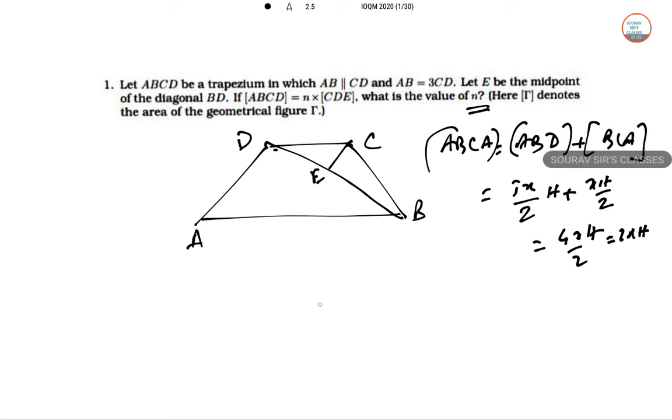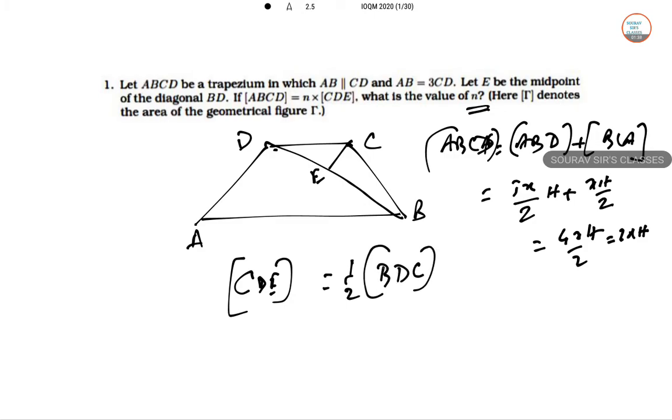Now CDE is half of BDC, so half of xh by 2, that is xh by 4.